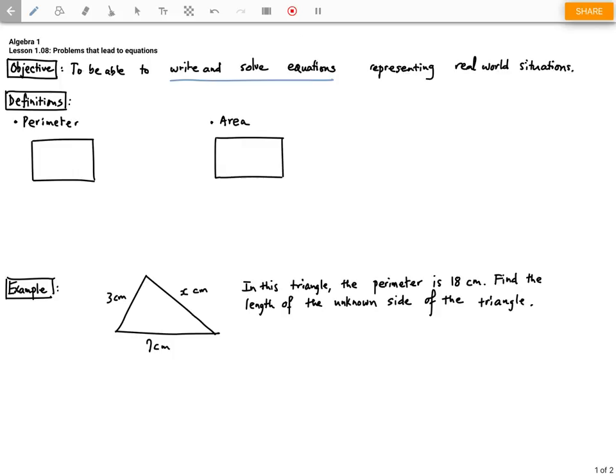Perimeter versus area. What is the difference between perimeter and area? To give you a high-level perspective, think of this boxed area as a yard. For a perimeter, assume that the yard is surrounded by a fence.